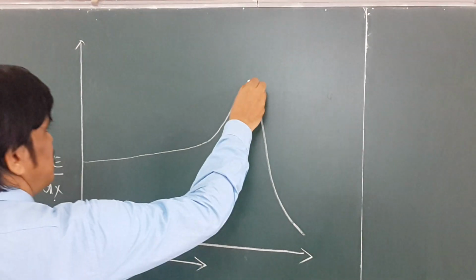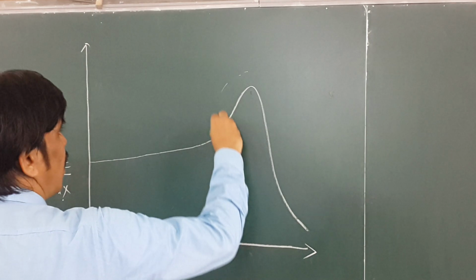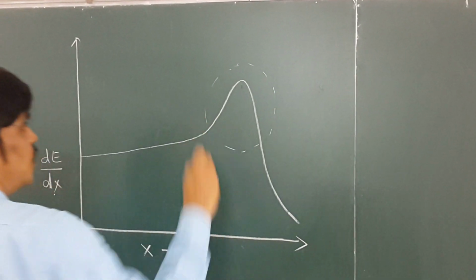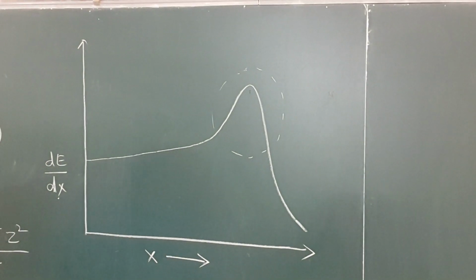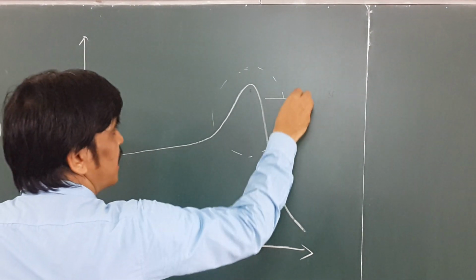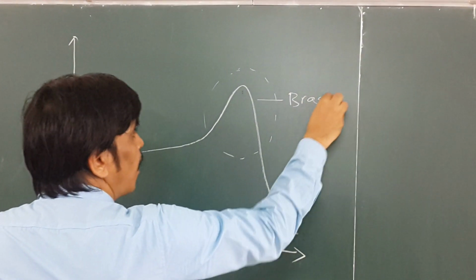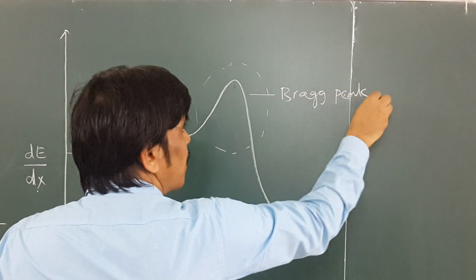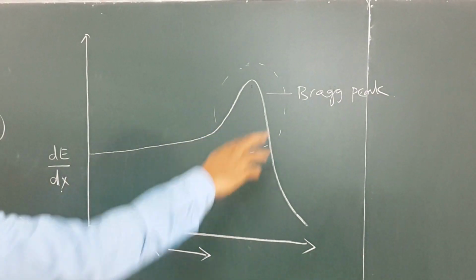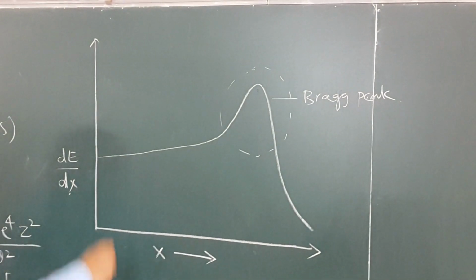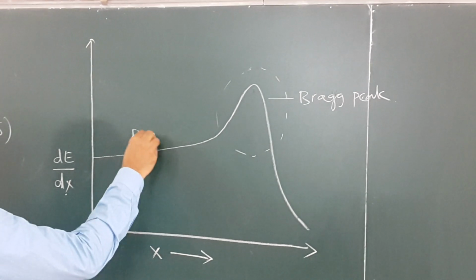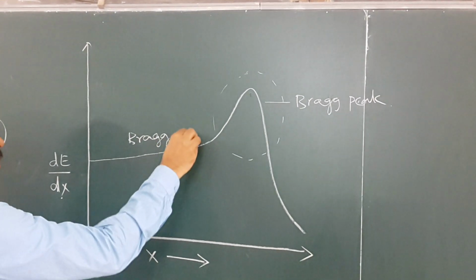This peak where you have maximum deposition of energy is called the Bragg peak, and this curve which represents the specific energy loss is called the Bragg curve.